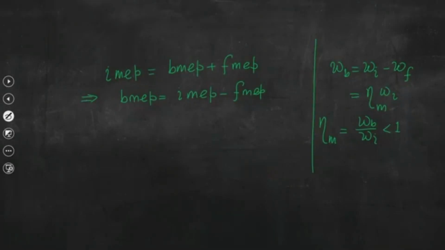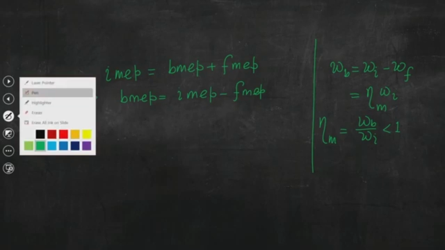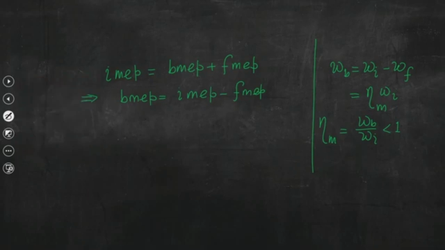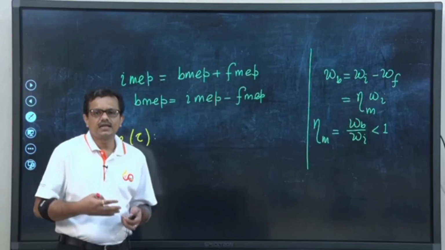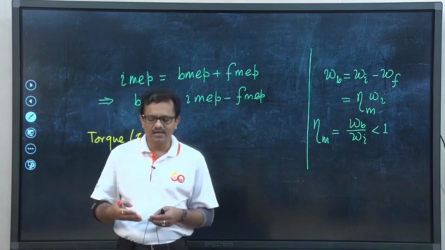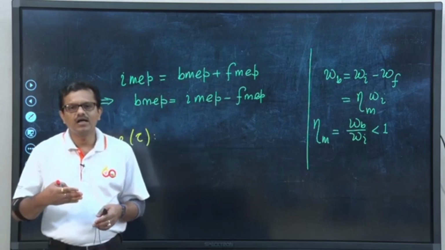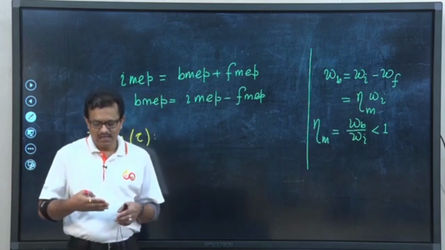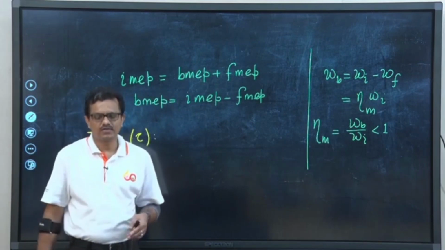Now, an important parameter that you all have studied is torque, tau. What is torque that you have studied in the mechanics course? Torque is a good indicator of an engine's capability or ability to do work.